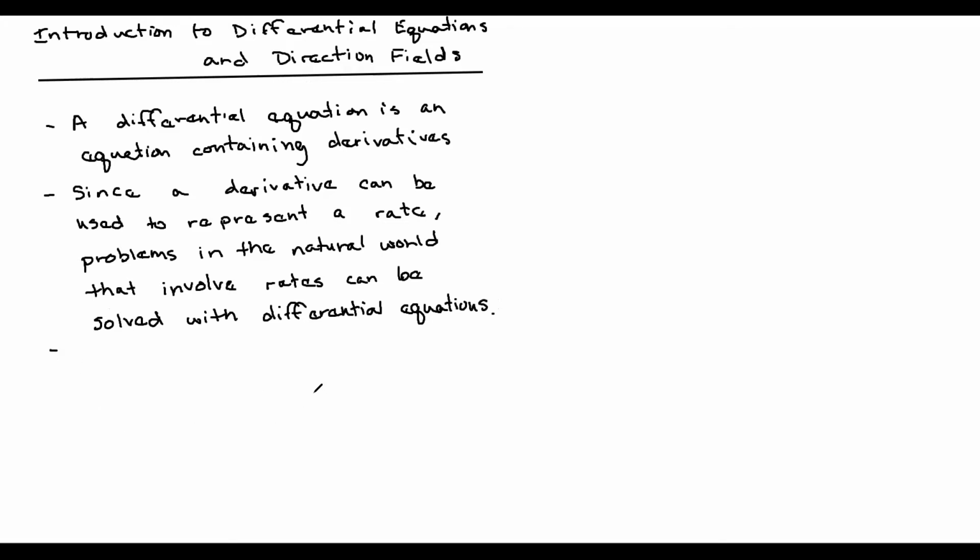What are we talking about? What type of problems in the natural world involve rates? Well, motion of objects, like falling bodies, which is an example that we're going to look at in a second.